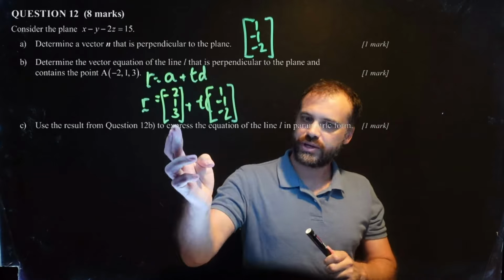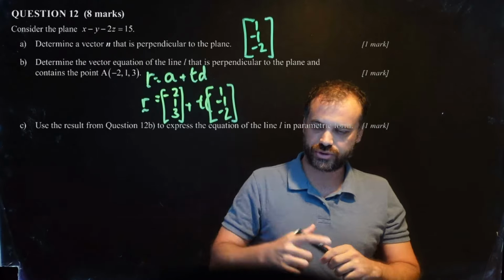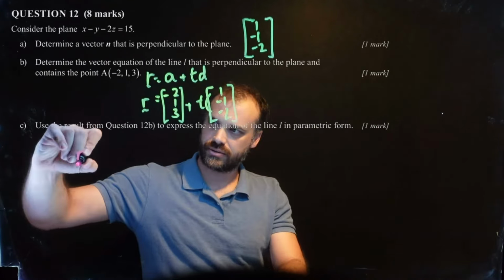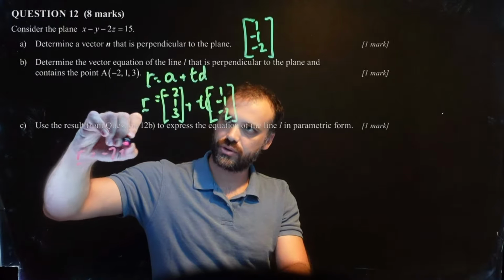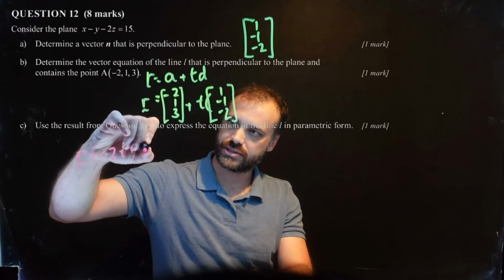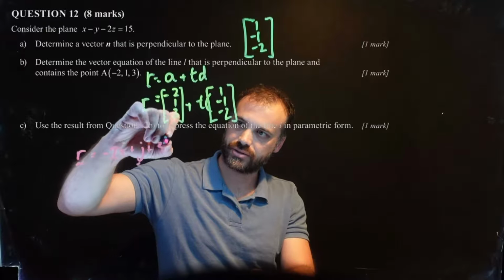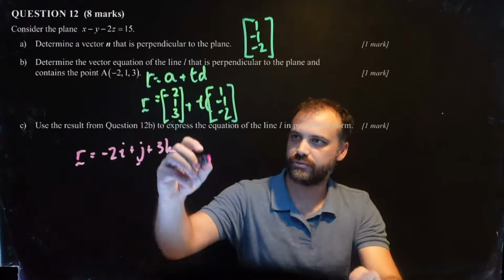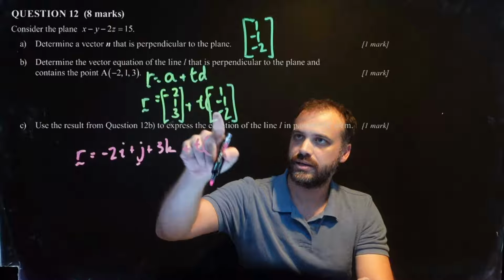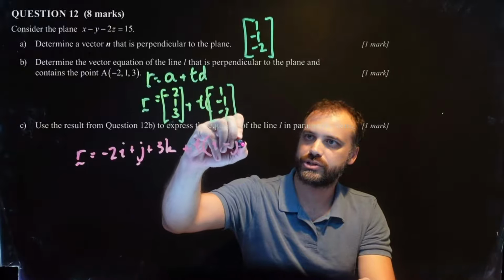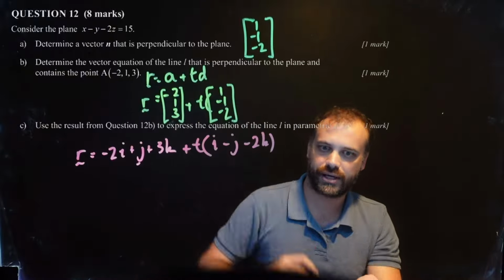going on. We can rewrite this, if we want to, as r equals negative 2i plus j plus 3k. And then this bit we can write as plus t, and then i minus j minus 2k.